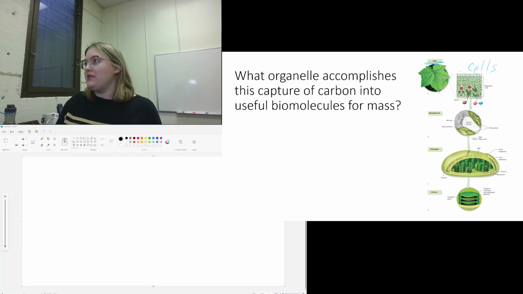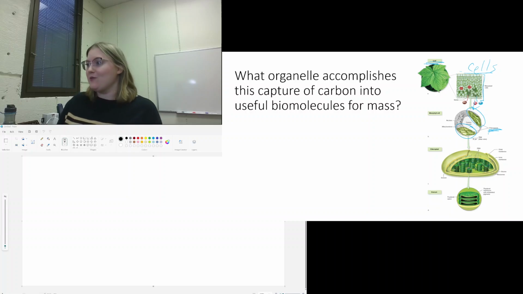So this is a leaf, and it's got layers and layers of cells. But if we look at a singular cell, we can see these large green portions of the cell. Now, those are organelles. Specifically, they are chloroplasts.